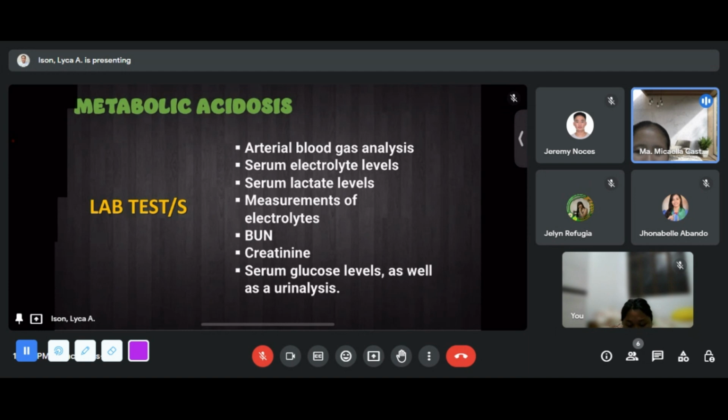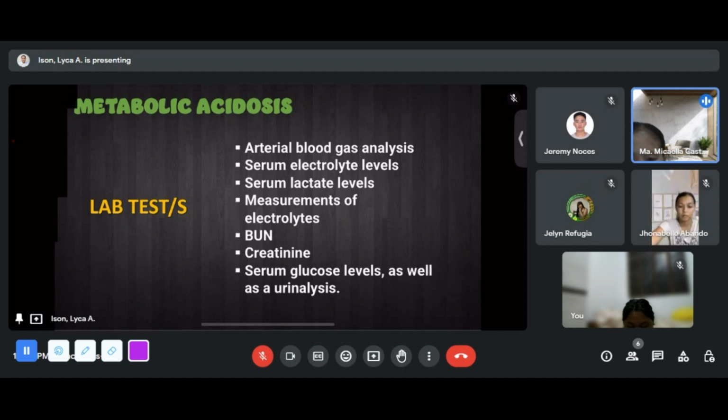So, yung mga lab test: arterial blood gas analysis. Ito yung measure the balance of oxygen and carbon dioxide in your body to see how well your lungs are working. Serum electrolyte levels, ito yung test na measures levels of the body's main electrolytes.